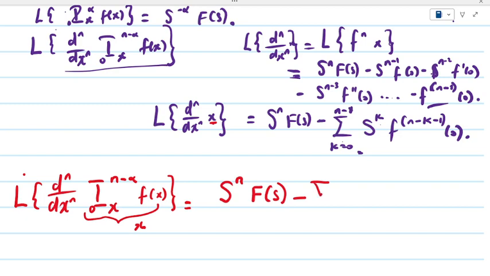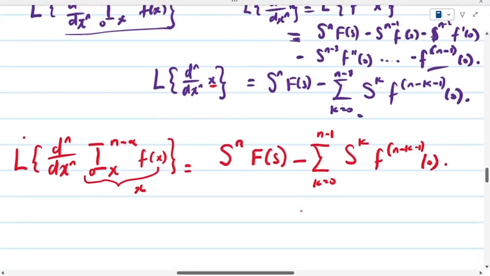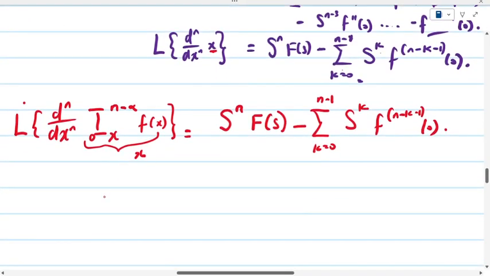minus the summation k equals 0 to n minus 1 of s^k f^(n-k-1) of 0.